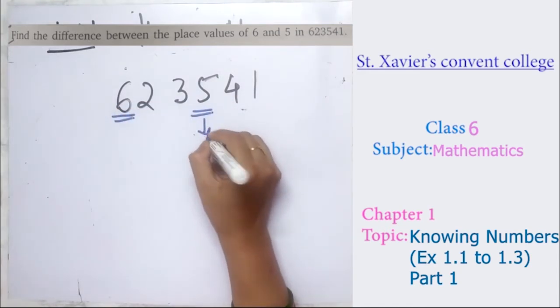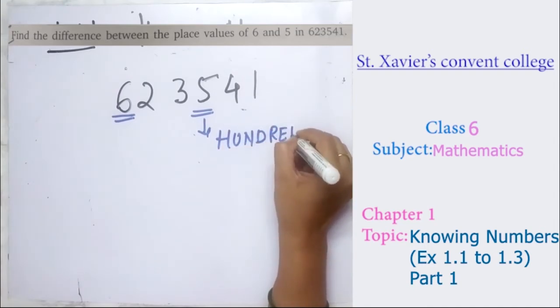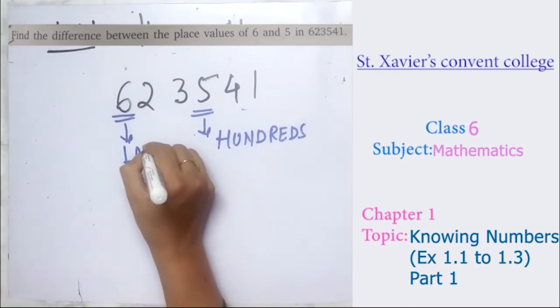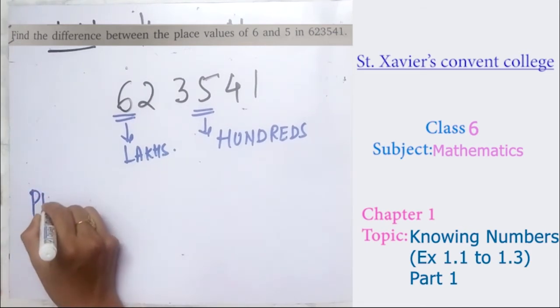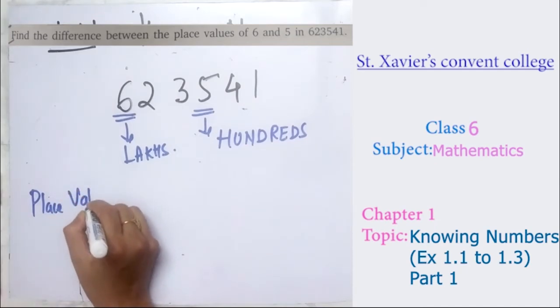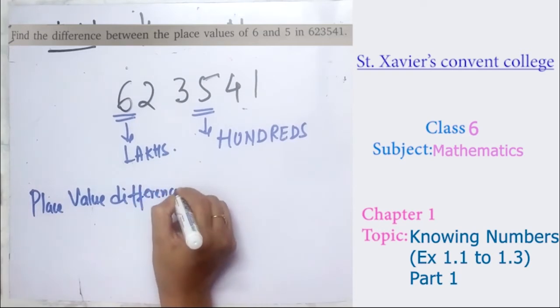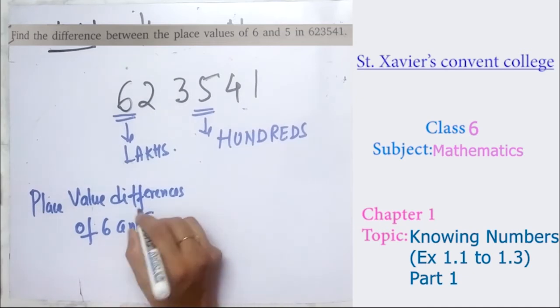Just see over here, the 5 acquires the place of hundreds and the 6 acquires the place of lakhs. So you have to find the place value difference of 6 and 5.